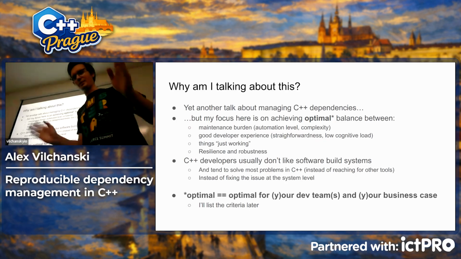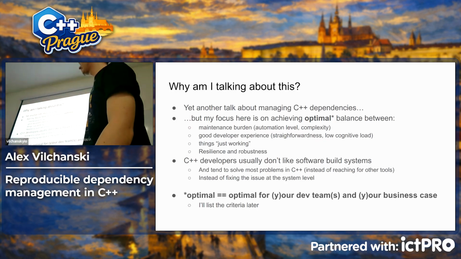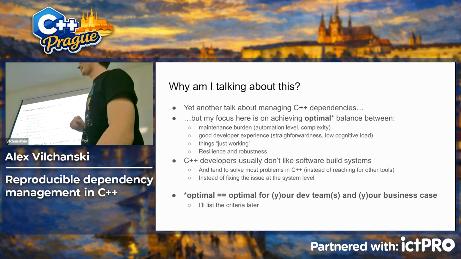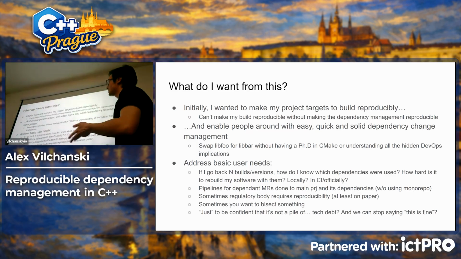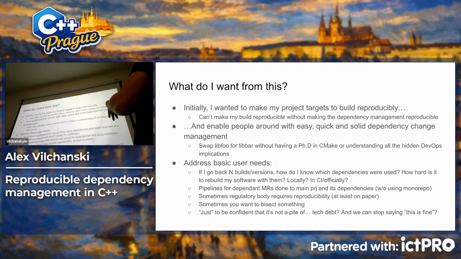So, again, disclaimer: optimal means something different for me and for you, or likely will. And about listing the criteria, that's a lie. I had no time for this, but we can speak about it verbally. What I want this to fulfill, I've addressed many of these points: for a developer to be able to add or remove both external and internal dependencies.